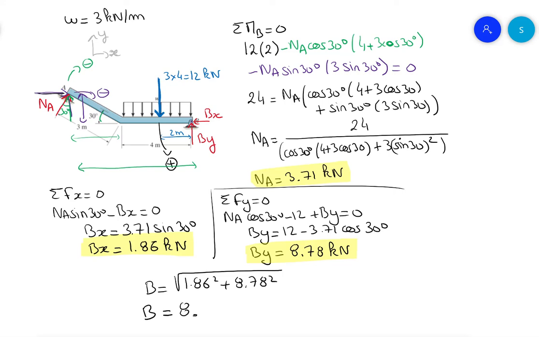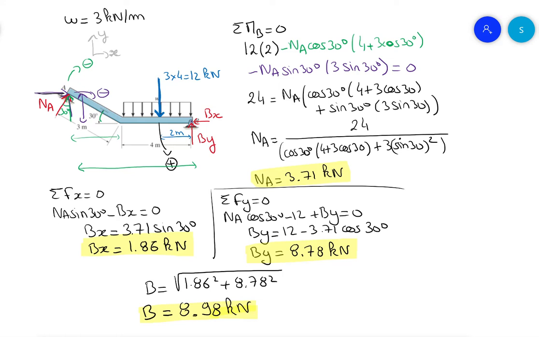That's 8.98 kilonewton. Here we go. That's the magnitude of the force inside the pin.